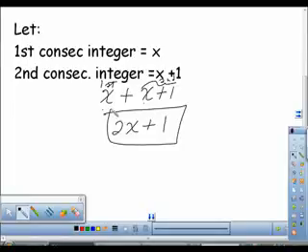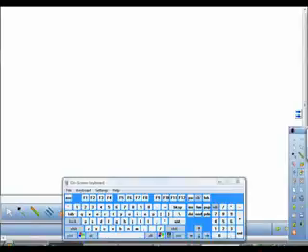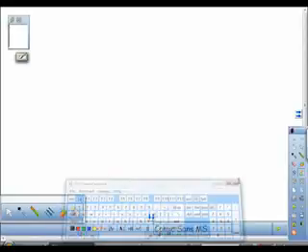Let's do another one like this. Actually, I'm going to give you this one and see if you can do it, and then we'll look at it together. So this is one for you and your neighbor to work on. And then we will look at the answer together, okay?